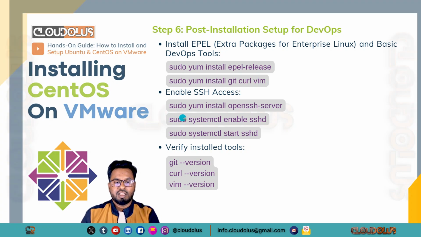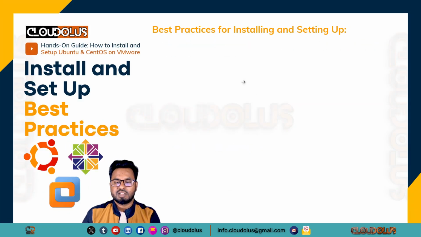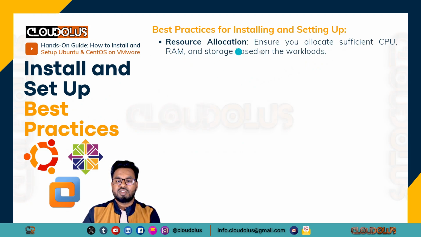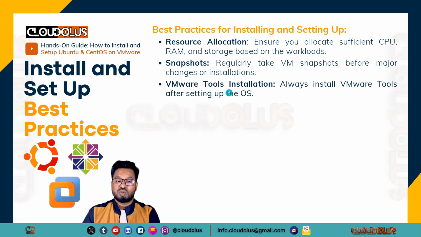After that, you will go with the best practices for installation and setting up. For that, resource allocation: ensure you allocate sufficient CPUs, RAM and storage based on the workloads. Snapshots: regularly take a VM snapshot before major changes or installations. VMware Tools installation: always install VMware Tools after setting up the OS.